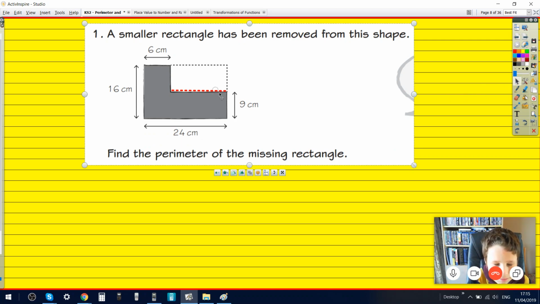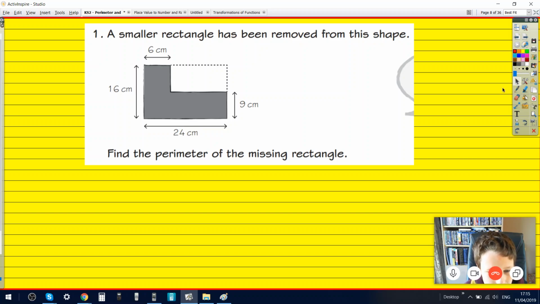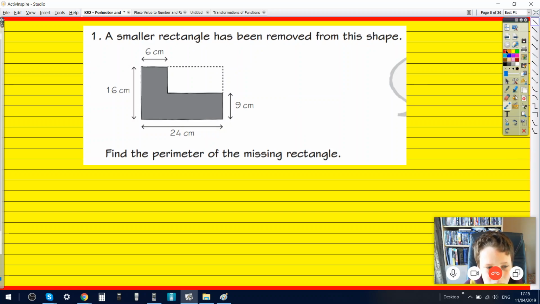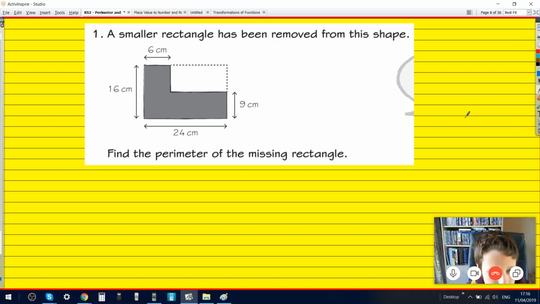Okay, how do we do this? A smaller rectangle has been removed from this shape. Find the perimeter of the missing rectangle. So in the picture there's several numbers that show us how long certain sides are.